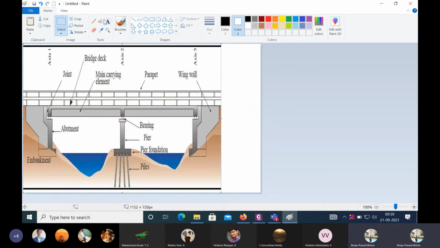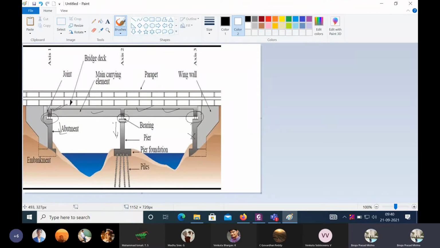The function of the bearing is simply to transfer the load from the deck slab to the abutments. So the forces will be like this: they transfer the force from up to down, to the foundation.